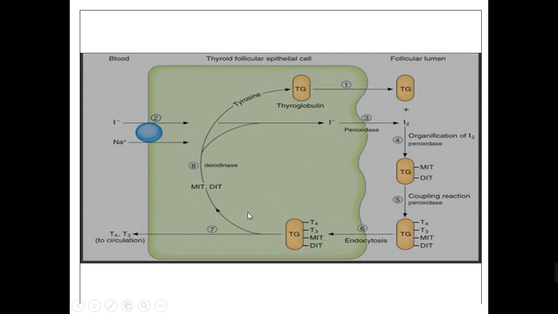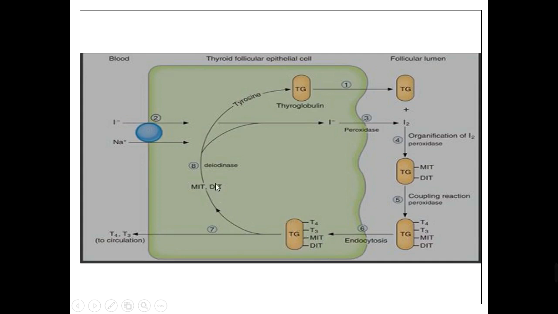When the thyroid gland is stimulated, the thyroglobulin thyroid hormones complex will be detached, resulting in passing of T3 and T4 into the circulation. What remains is the MIT and the DIT and the thyroglobulin.